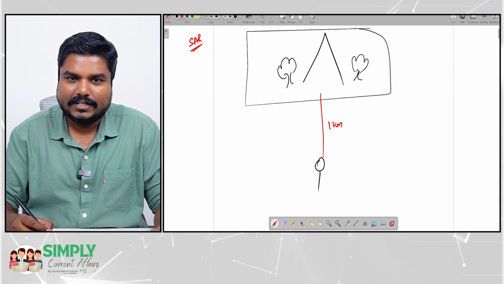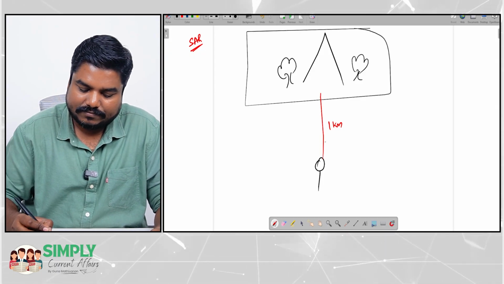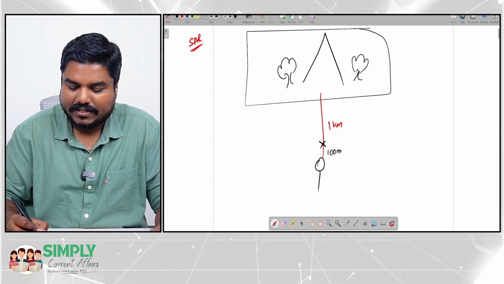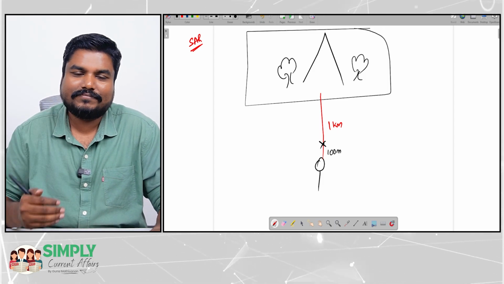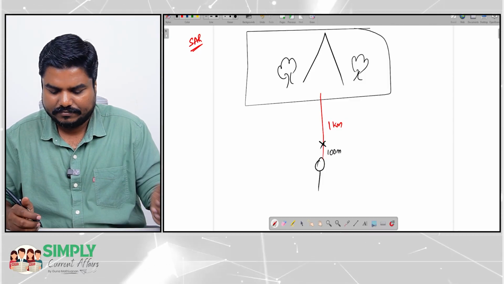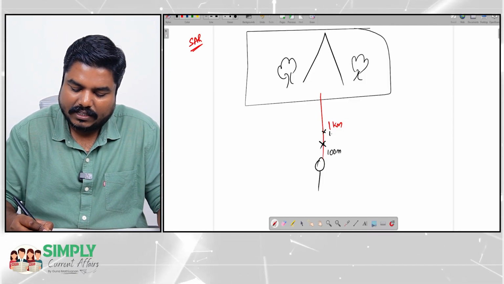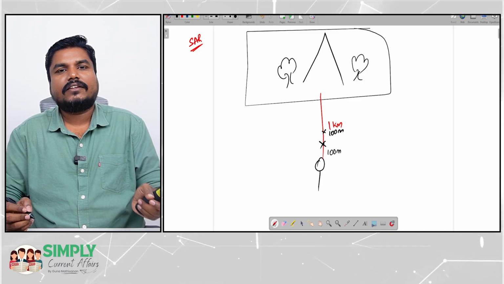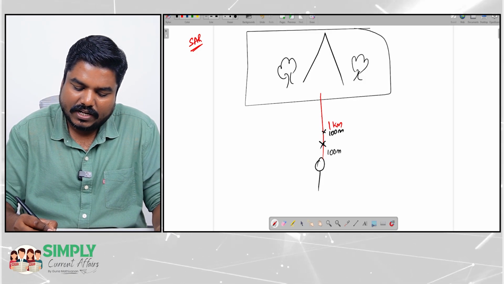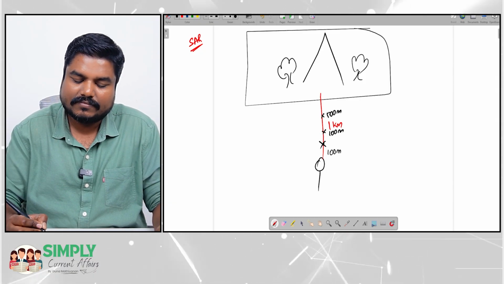So now Guna goes a little closer, 100 meters closer. Now Guna is taking a photo. That photo will be relatively better. Now Guna is going another 100 meters closer and taking another photo, which will be relatively much better. Now Guna is going 500 meters closer.